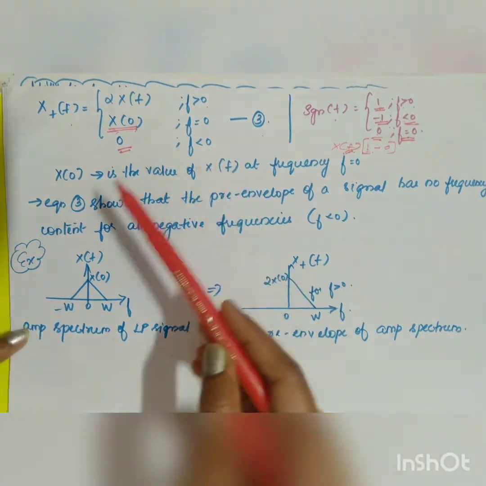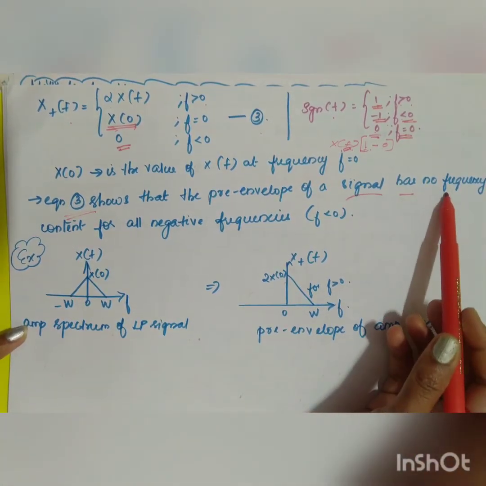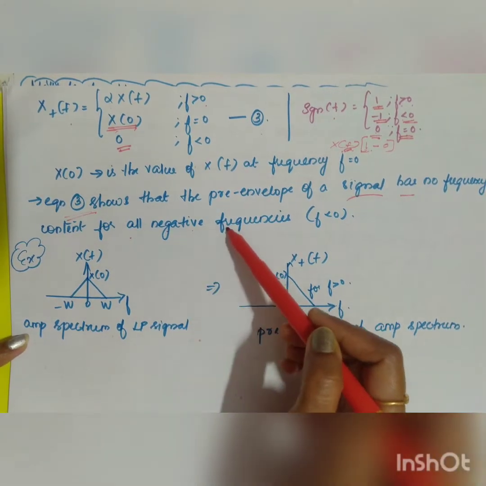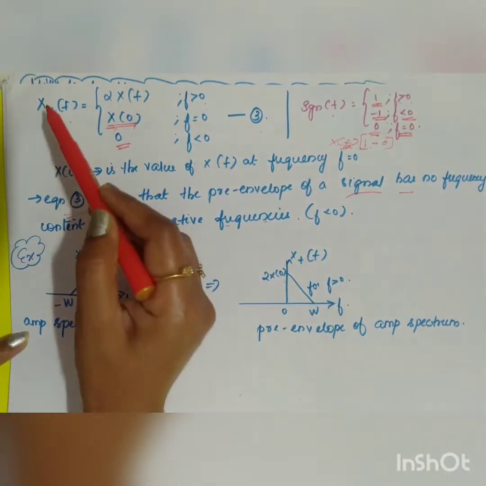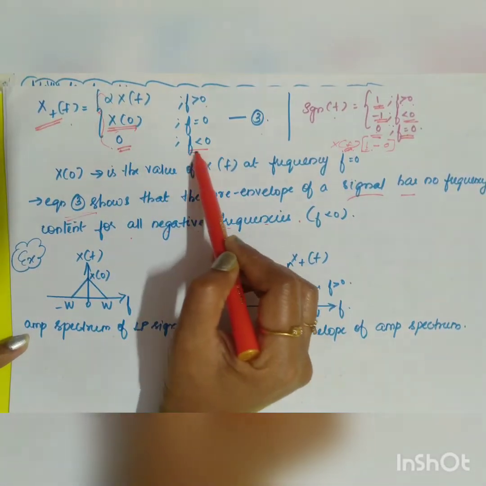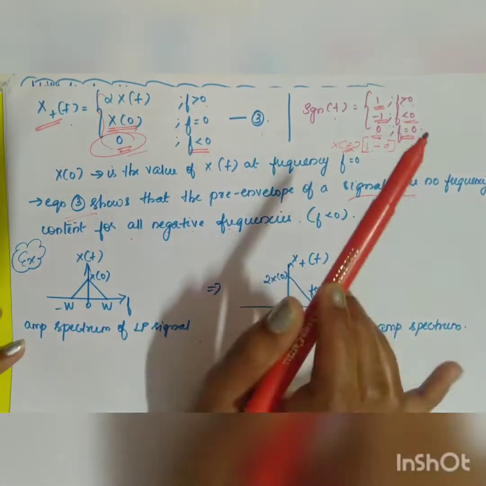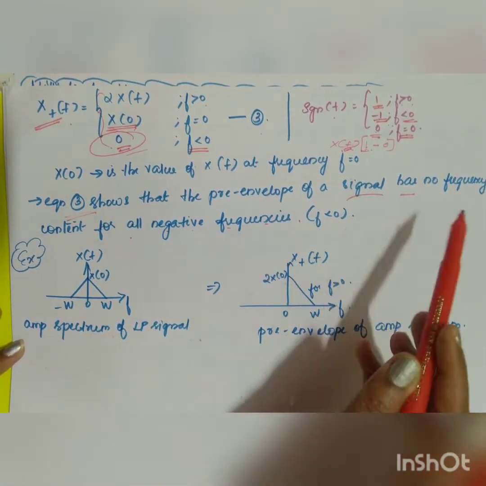As I have mentioned before, equation 3 shows that the pre-envelope of the signal has no frequency content for all negative frequencies. See here in this expression, for negative frequency the value is equal to 0. It means it does not have any frequency component for negative frequencies.